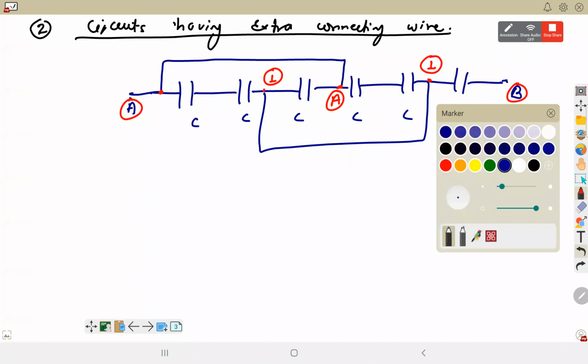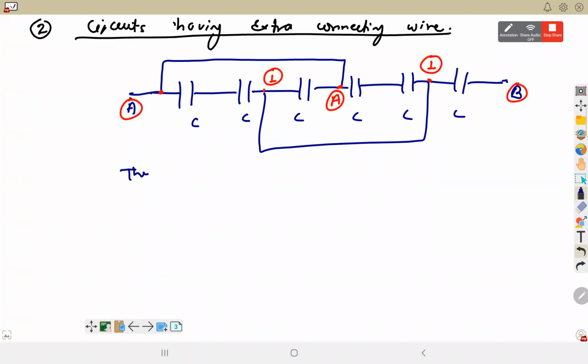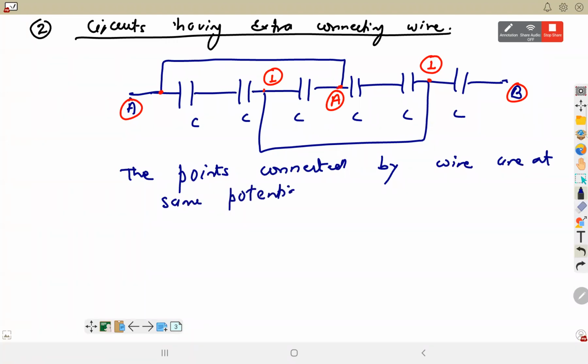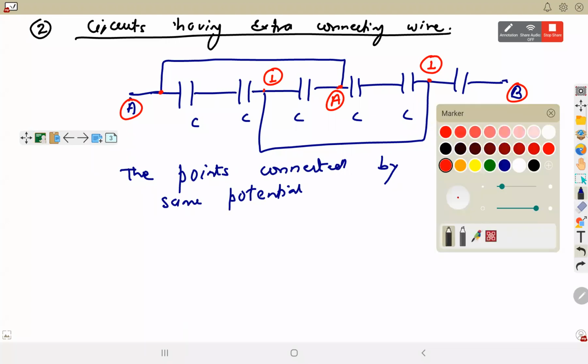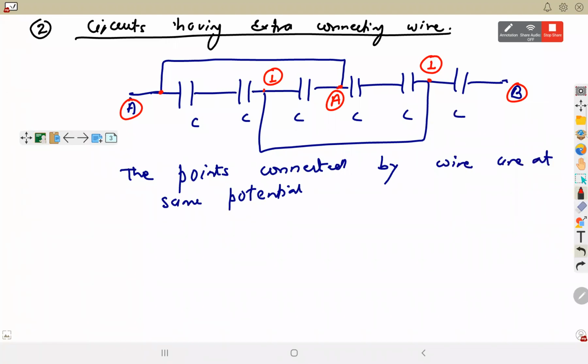The points connected by wires are always at the same potential, so we will use the same point for them. And then we use the numbering method.